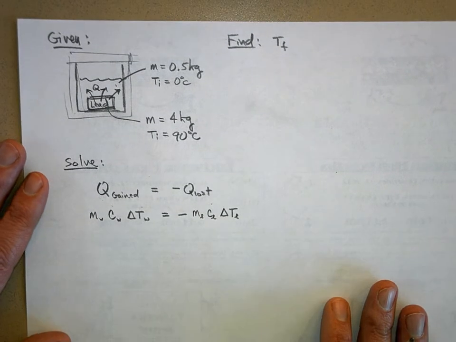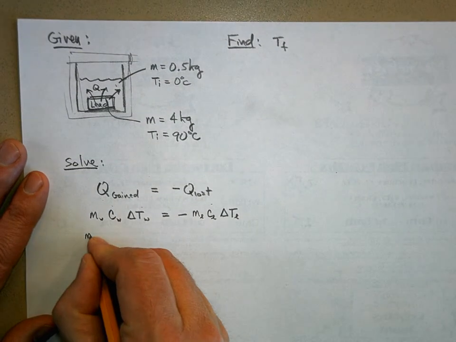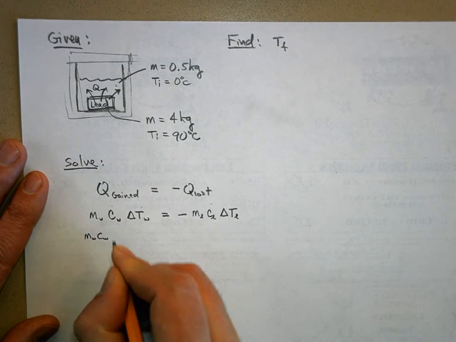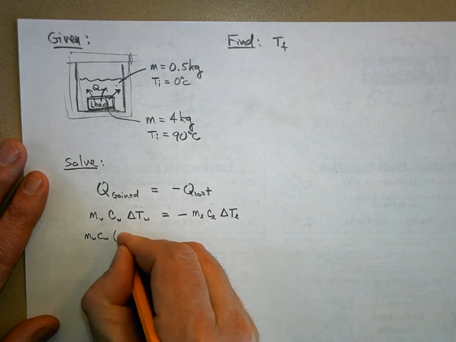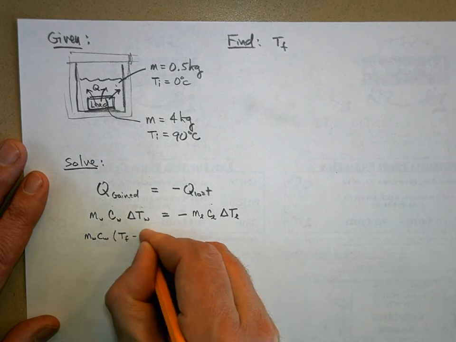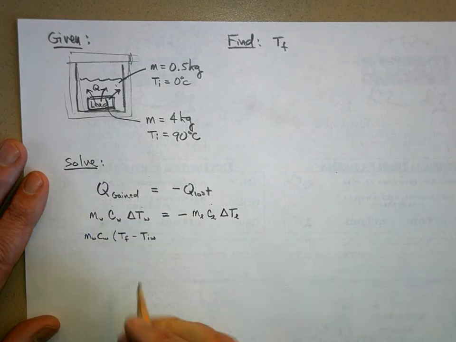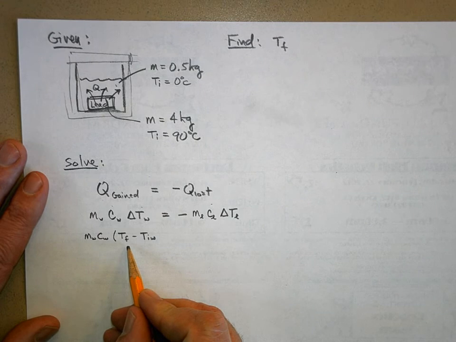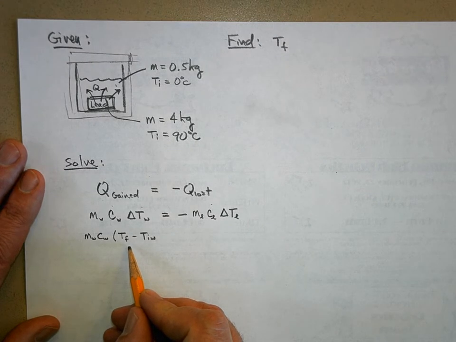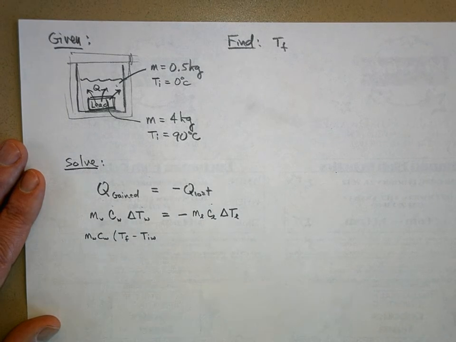This is going to be m_W c_W, and this is going to be T final minus T initial W. Now, why don't I put the W on T final? Because I want to know what the final temperature is when they're in thermal equilibrium, so it's going to be the same for the lead and the water. This final temperature is the same for the lead and the water, so I don't need a subscript.